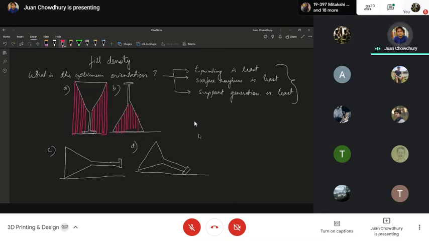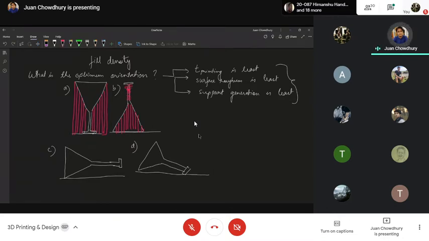And further, as you are trying to print these parts, because of friction between the substrate that has just formed and the layer above, usually a tearing effect takes place.